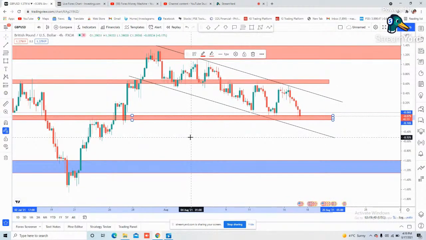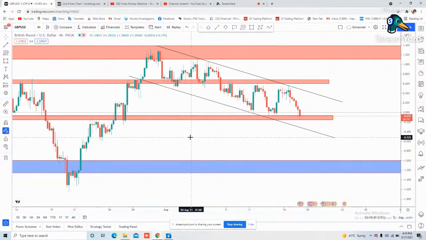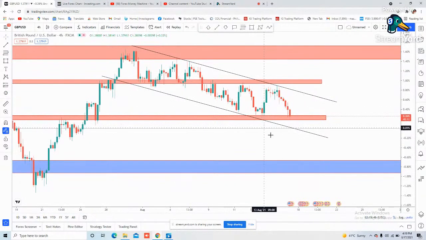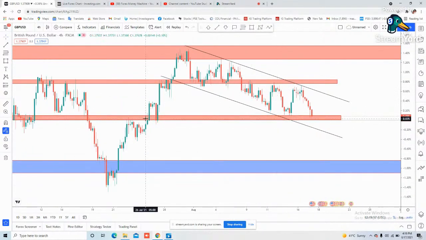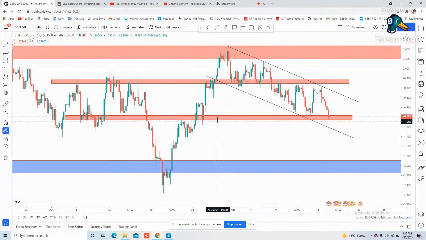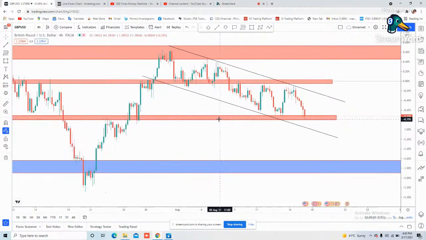So what we will do is to wait for an entry. If there is a confirmation here for the reversal for the short term, we need to check the reversal candle because this is a resistance in the 4 hours time frame.